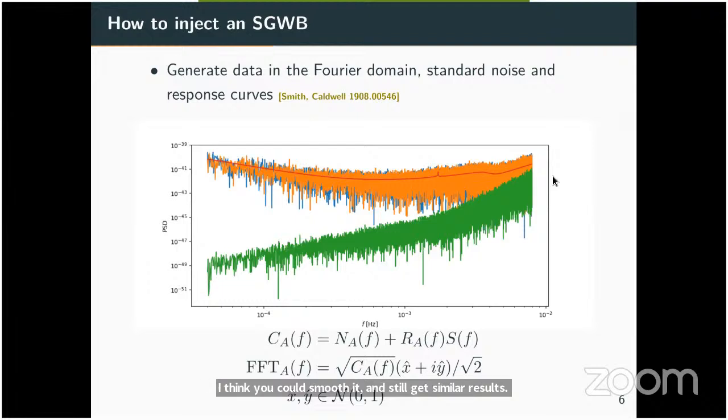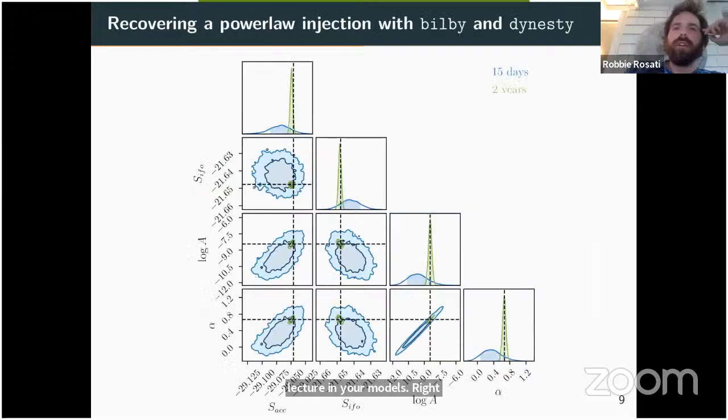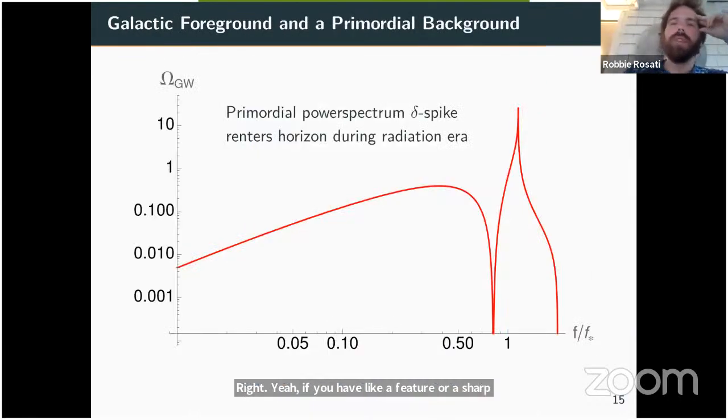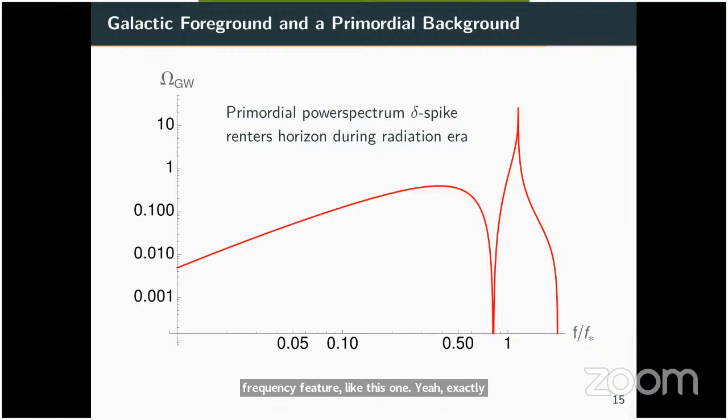Yes, I think so too. But it's safer to do raw, I guess, especially when you have spikes like in your models, right? If you have a sharp frequency feature like this one, this would be complicated to smooth out.